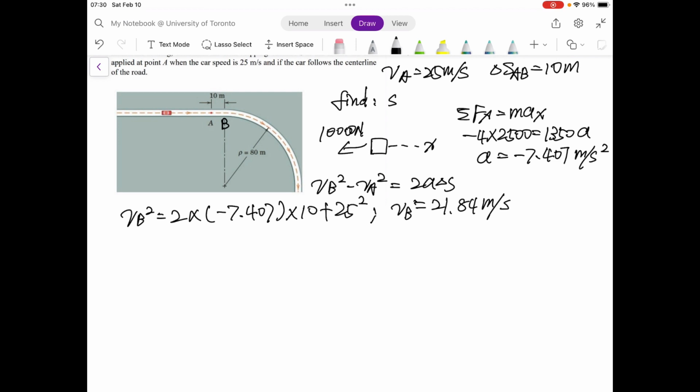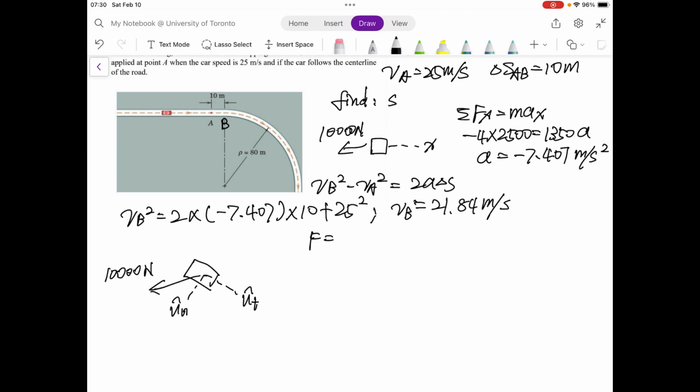When the car is on the curve, we can define our coordinates. Here's our tangential direction. Here's our normal direction. And they have a force, the braking force, which is 10,000 newton.